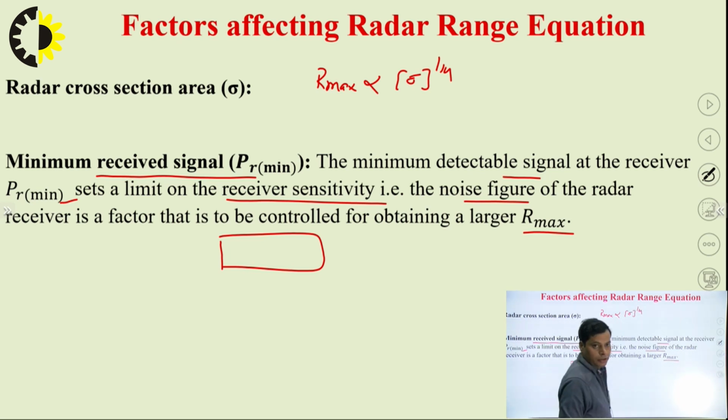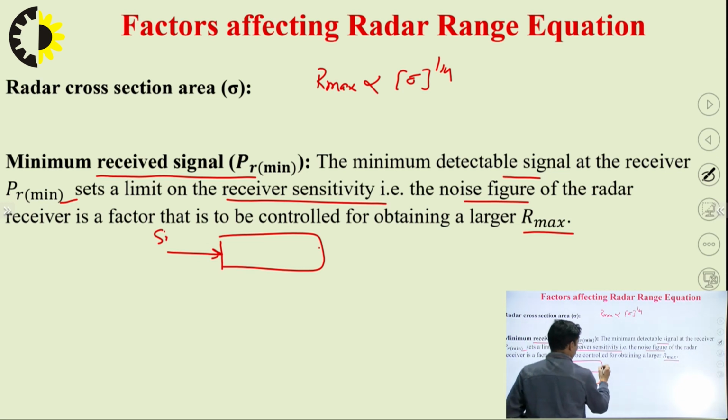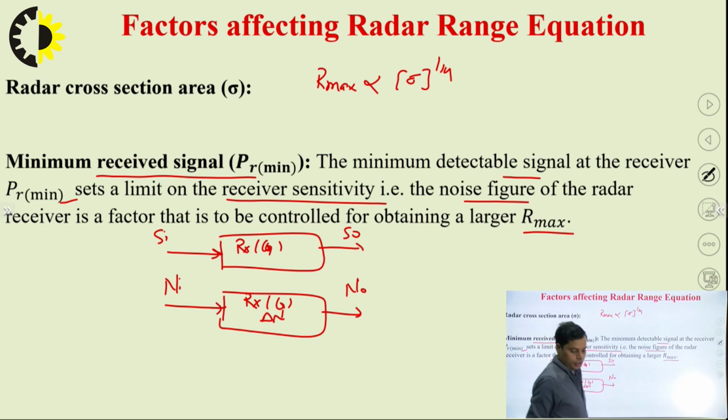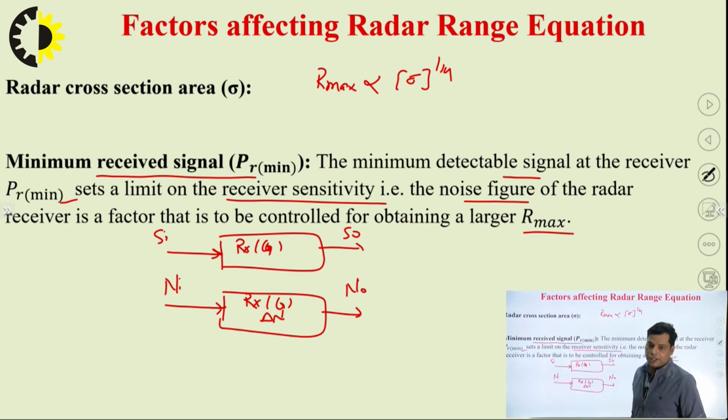In the two figures that I am now considering, the signal we are transmitting is Si, and the corresponding output is S naught for this receiver section with gain G. We are also considering the input noise power Ni and the output noise power N naught for the radar receiver with gain G, and also the equivalent noise power generated in the receiver.